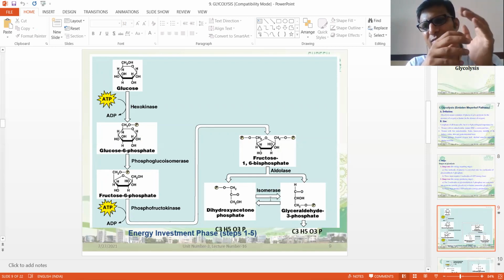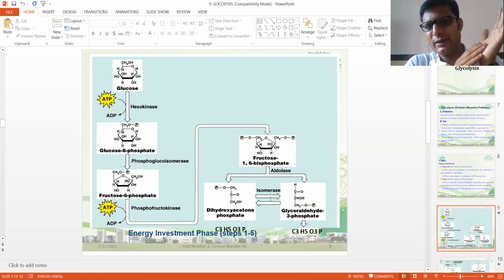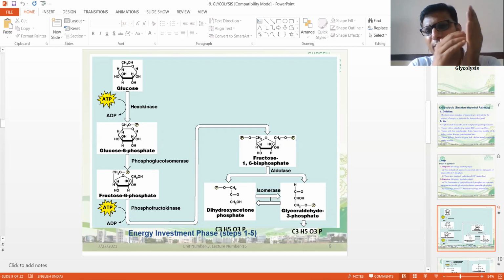If anything is very big, we require energy to bring it down. It's a size reduction, you can say. We are cutting down the components of a bigger molecule into smaller molecules so that it can be easily processed.